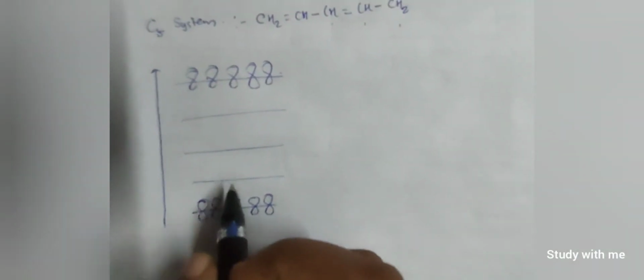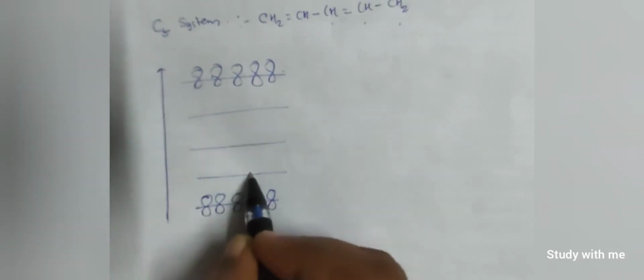Here there is a change. Like in the C3 system, where we drew one orbital as a point, here we also introduce this point to many orbitals. So we will consider the nodes first. The first one will have 0 nodes, so we draw 5 orbitals.